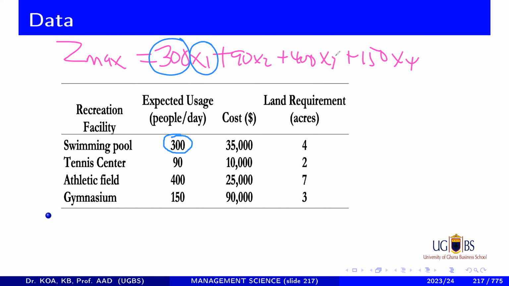So the actual depends on what? You've done well. Chidi, the actual depends on what? The actual depends on the construction of the swimming pool. Exactly. So the actual depends on the construction of the thing.